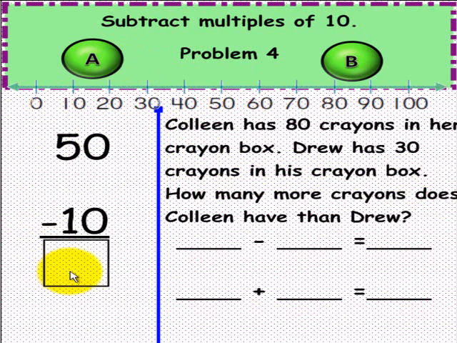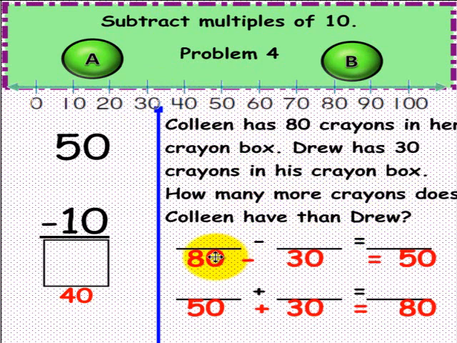Okay, let's look at A. 50 minus 10 is equal to 40. Here's 50 minus 10 is 40. Colleen has 80 crayons in her crayon box. Here's 80. Drew has 30 crayons in his crayon box. Here's 30. How many more crayons does Colleen have than Drew? 80 minus 30 equals 50, or 50 plus 30 equals 80.